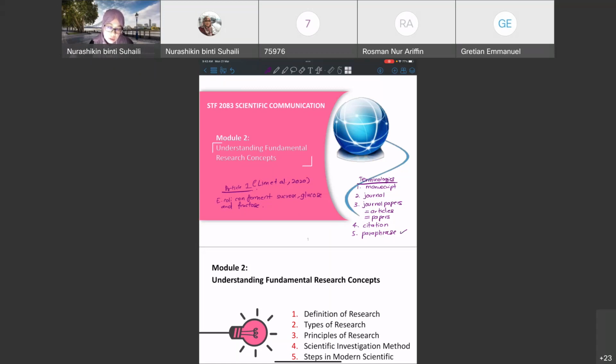So how to change it? It's a bit tricky if you are trying it for the first time, tapi kalau you practice and practice and practice, you can develop the skill lah. So how to change it? E. coli can ferment sucrose, glucose, and fructose.